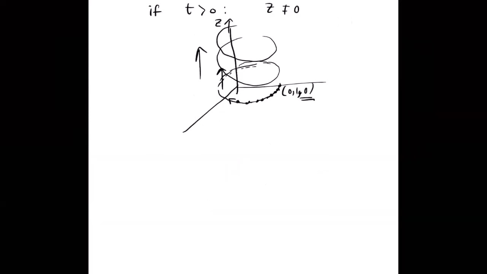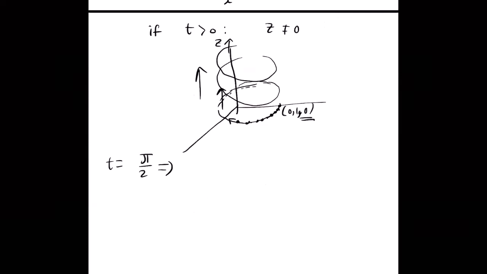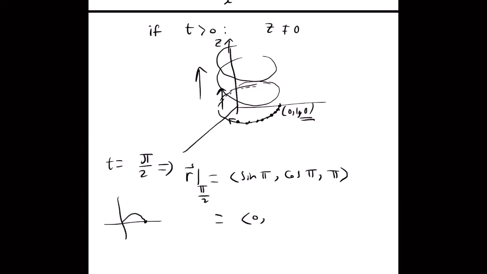How to find another point? Put t equals pi over 2, for example, and we did this in the second lecture. So let's calculate the point at t equals pi over 2. R at pi over 2 will be sine of 2 times pi over 2, which is pi, and here is cosine pi. Sine pi is 0. Cosine pi is -1.